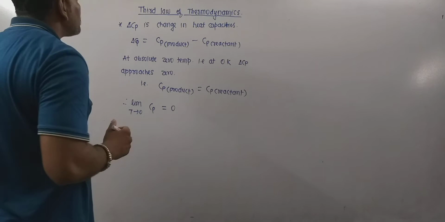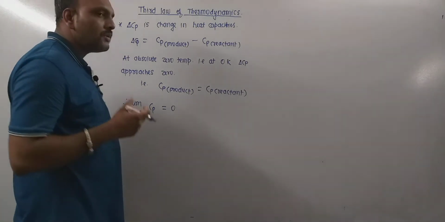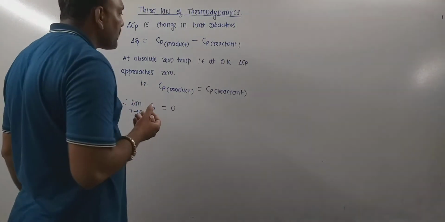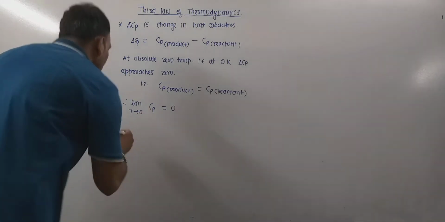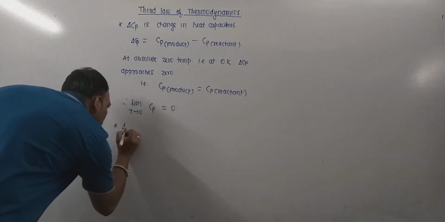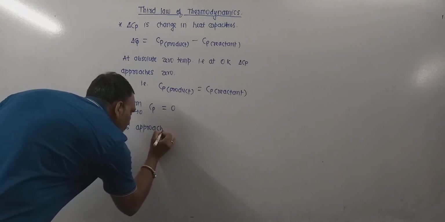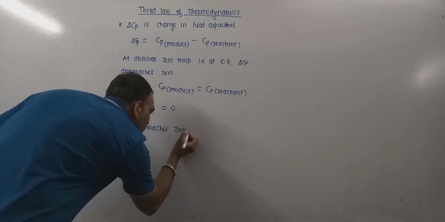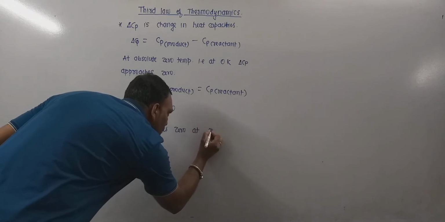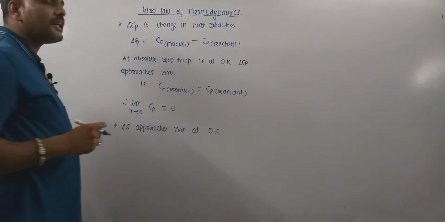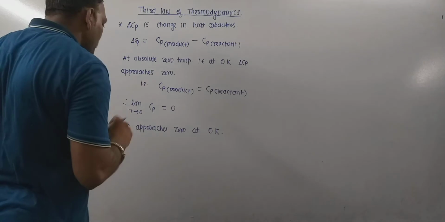Now as per the Nernst theorem, another important generalization regarding entropy change can also be announced as delta S, that is change in entropy, approaches 0 at 0 Kelvin, that is at absolute 0 of temperature.